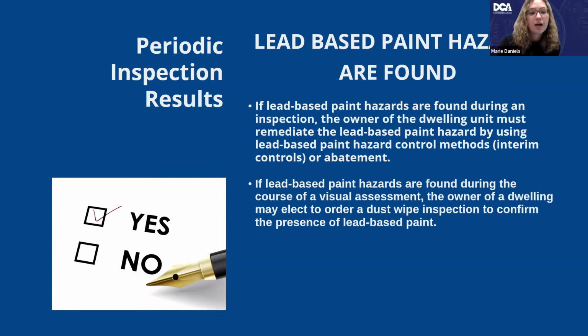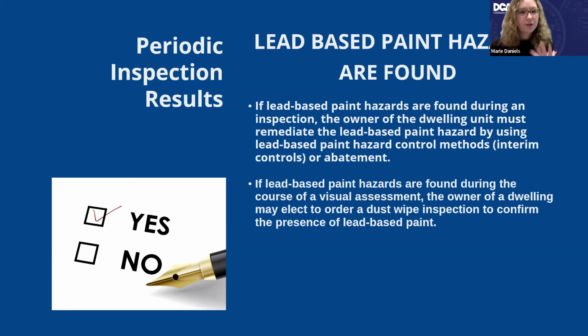And they can do this either through lead-based paint hazard control methods, which are interim controls, or through abatement. It's also important to note here that if lead-based paint hazards are found during the course of a visual assessment, the owner of that dwelling may elect to order a dust wipe inspection just to confirm the presence of lead-based paint. If they feel that the chipped, deteriorated paint is not leaded, that can be a next step.